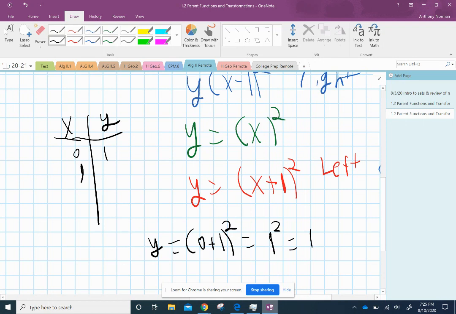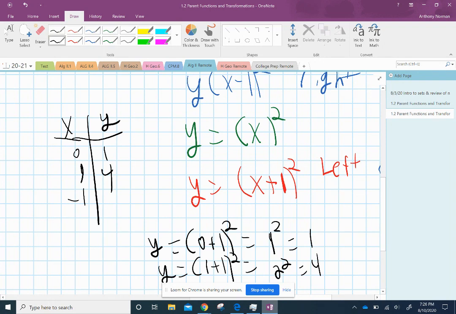Next, we're going to go x equals 1. Y equals 1 plus 1 squared equals 2 squared equals 4. So, you see how when x equals 0, we're already at 1? Let's see what happens when we go to negative 1. Let's see where that puts us.